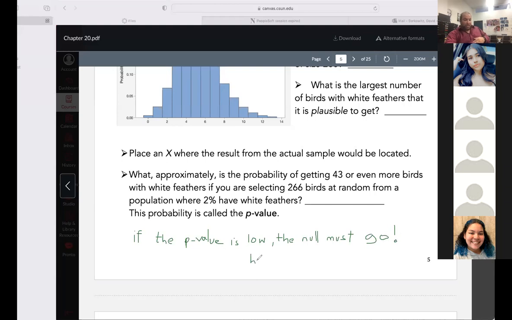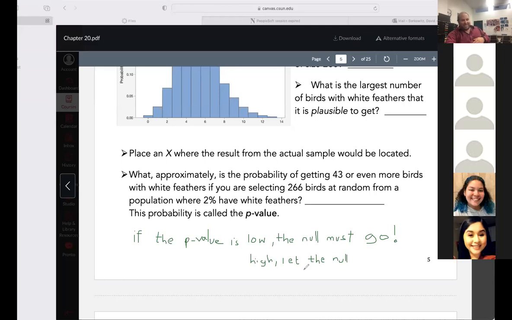If the p-value is high, let the null... Rise. Wow, you guys, your powers of rhyming are amazing. I said rise. It's not rise, it doesn't rhyme. Fly.